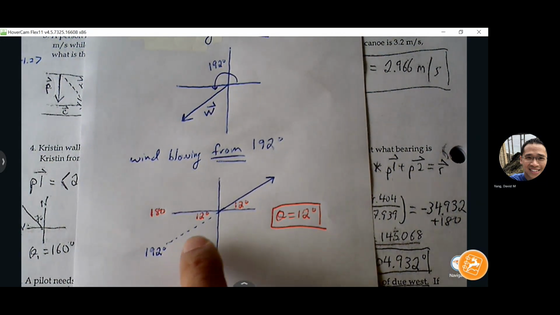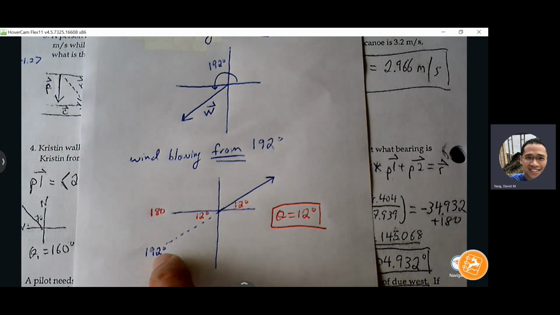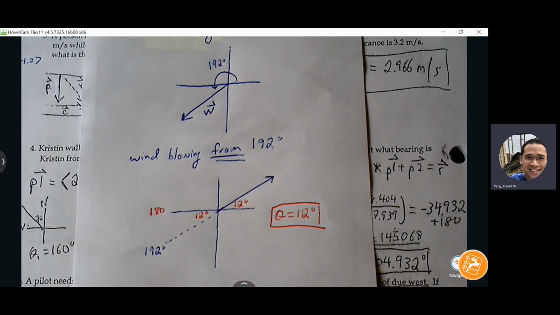So what is that going to look like? The reference angle is really helpful here because we know that 192 is really 12 degrees from the horizontal. So if it's blowing 180 degrees away, it'll be 12 degrees. I can also subtract 180 from 192, and that gives me the same thing.